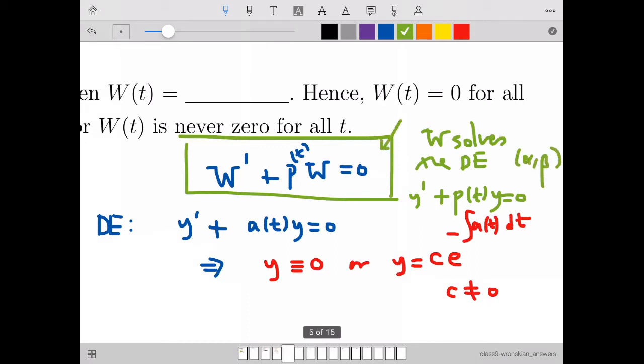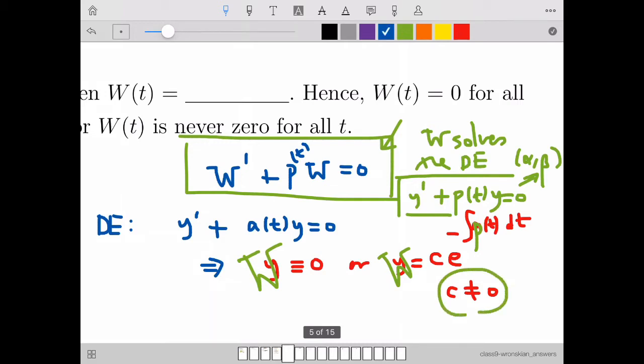This tells me the Wronskian is a solution to this first order homogeneous differential equation defined in this interval. Hence, the Wronskian is either constant 0 or the Wronskian is equal to c e to the minus integral of p dt, where c is not 0. So this solution is always 0. This solution is never 0.